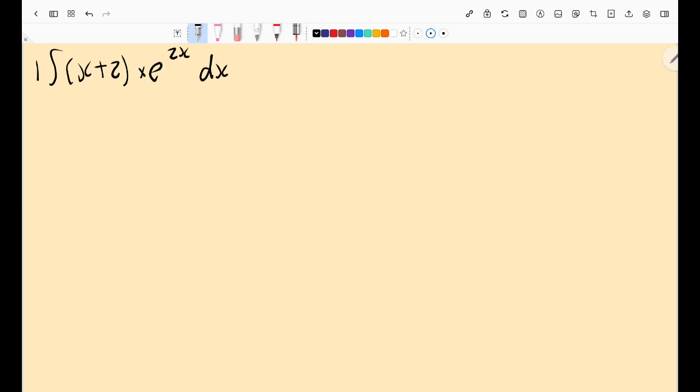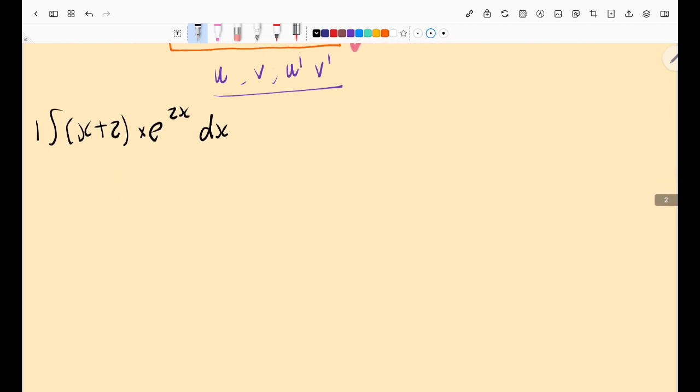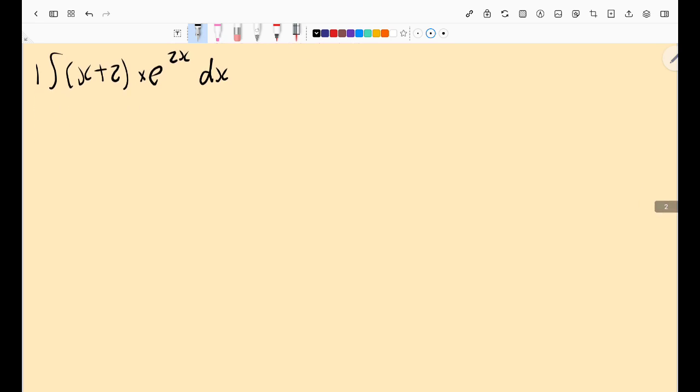I'm just putting it to make it clear. All right, so that was the first function that we had, this one. All right, let's integrate that function now. I said integration by parts is used when you have some sort of function multiplying an e to the power of kx function, or it is used when you have some sort of function multiplying a ln function, right?